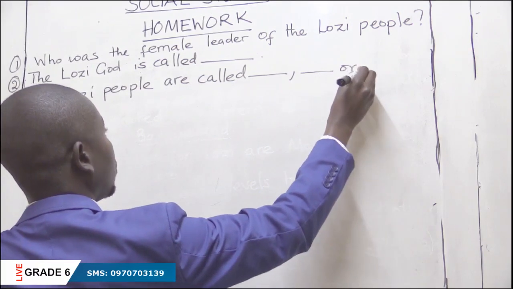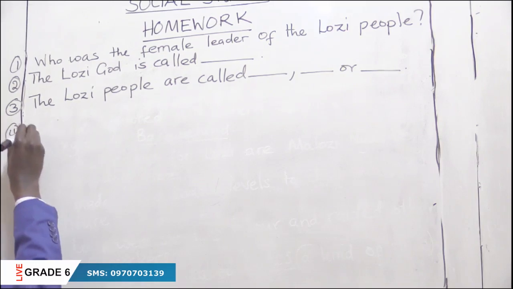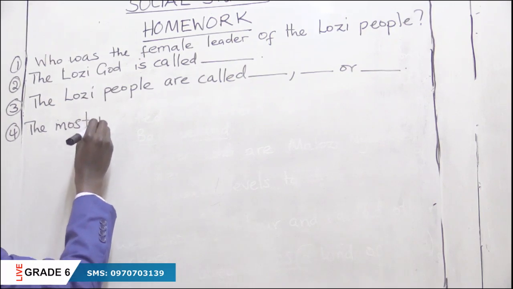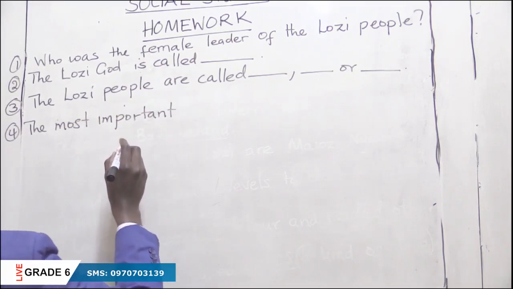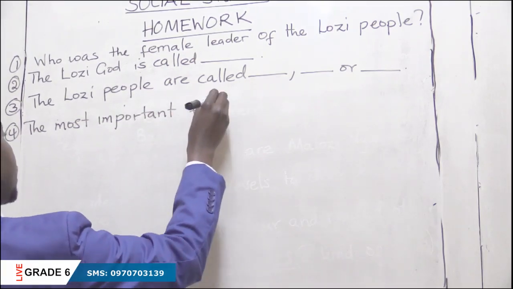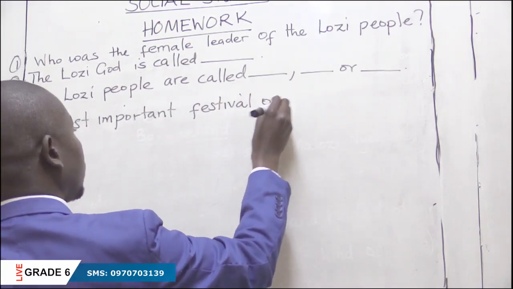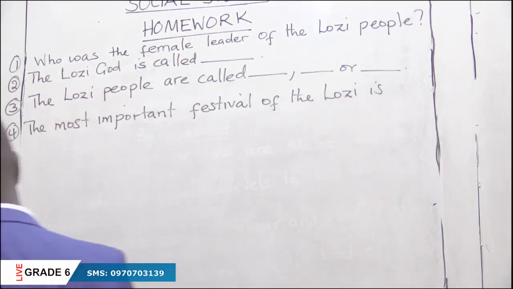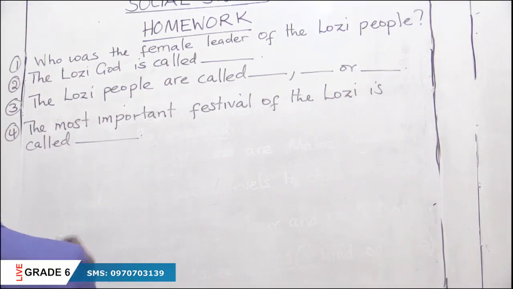Number 4: The most important festival of the Lozi is called Dash.